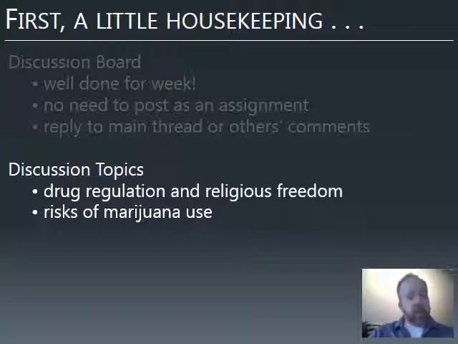And that's affected a lot of people's perception about how risky it is to use, both in terms of the fact that if the governing body condones it, how harmful can it be? But also, it becomes more common, so people get to see others using this drug or get to see the effects of this drug. And that has affected people's estimate of how risky a practice this is.